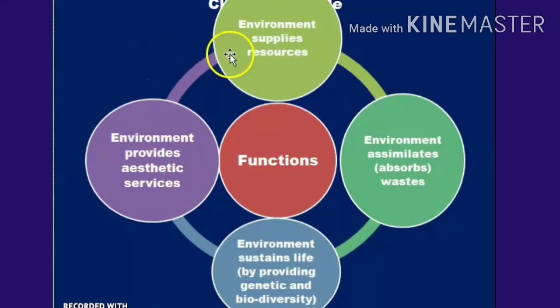The first function is that the environment supplies resources. All resources we use are supplied by the environment, as you know, and we can classify them into two: renewable resources and non-renewable resources. Renewable resources are those that can be renewed, that is, their supply will not be exhausted, and we can use them continuously and regenerate them.